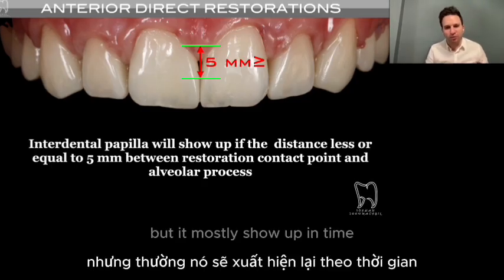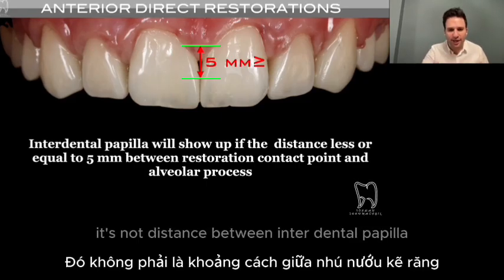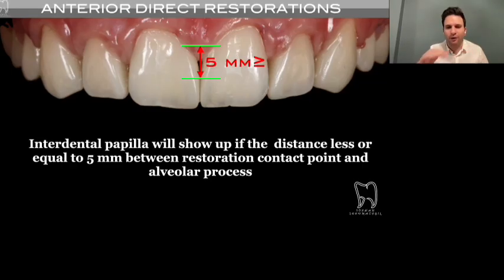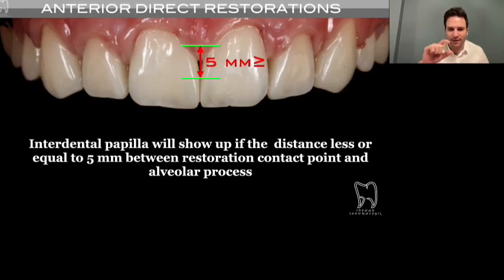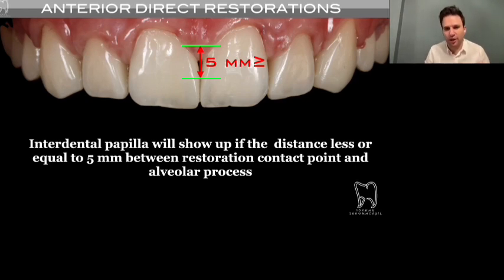It mostly shows up in time if this distance is lower than 5 millimeters. It's not the distance between the interdental papilla and the contact point. It's the distance between the alveolar crest, the top of the alveolar process, and the contact point of the restoration.